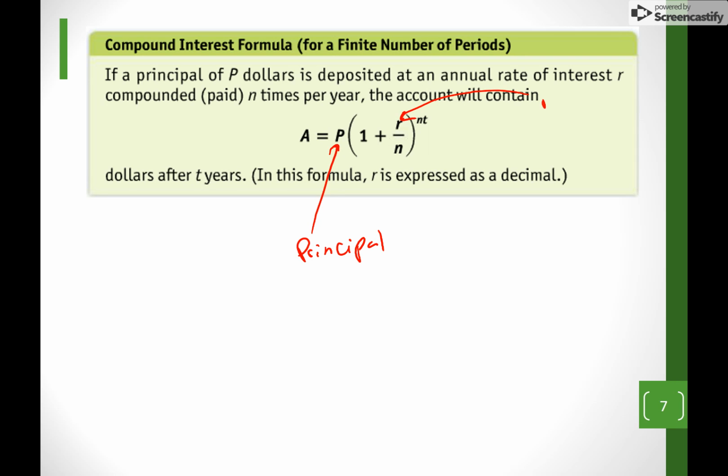R is the rate, which is usually shown in percentage. N is how many times it gets compounded per year. So we're going to say N times a year. Don't have much time left in this video, so I'm going to do a part 2.